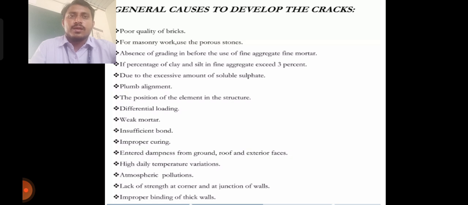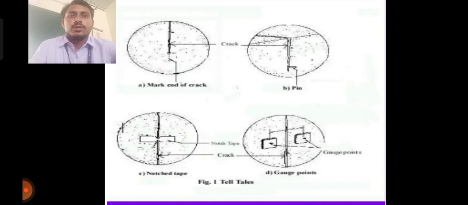And these are all related to the general causes of developing cracks: weak mortar, insufficient bond, improper curing. Whenever during the construction there is any fault or mistake in the construction of brick masonry, cracks develop. Then let us move on to the diagram.